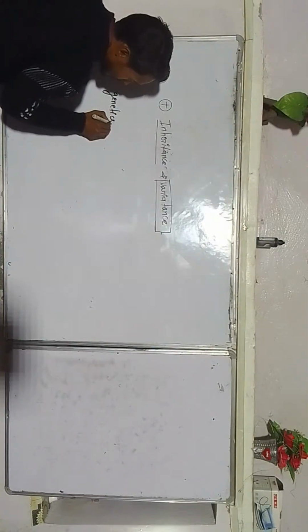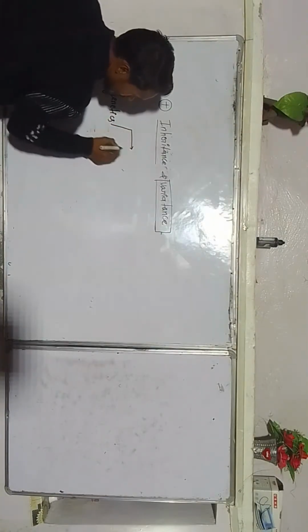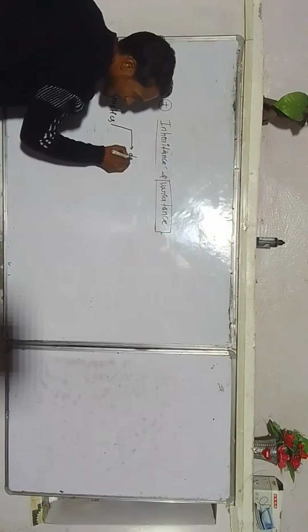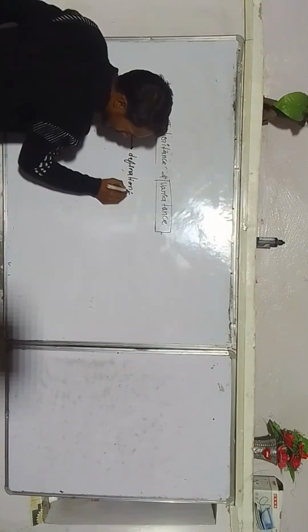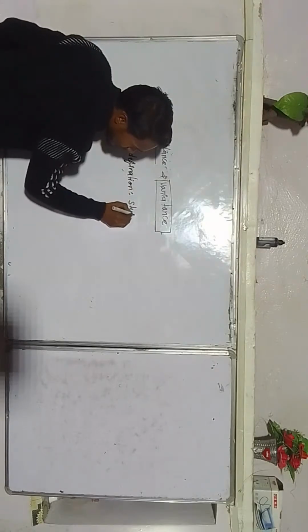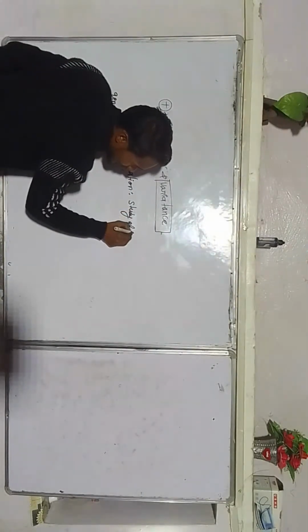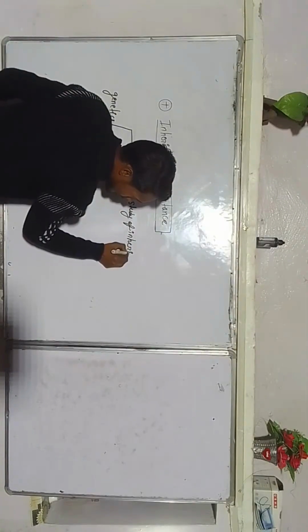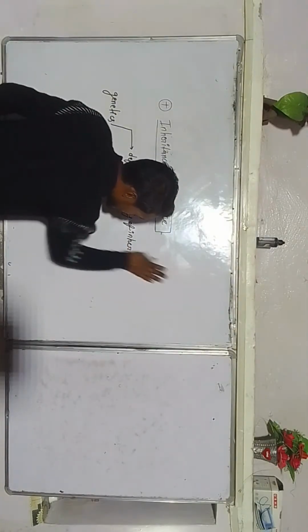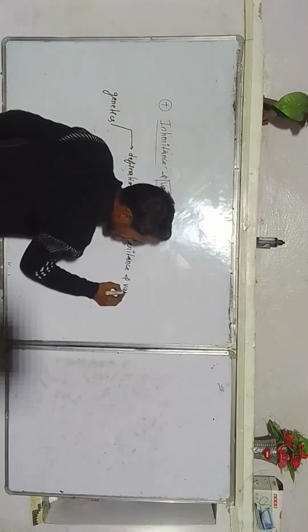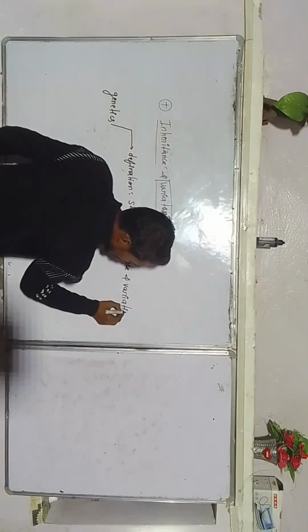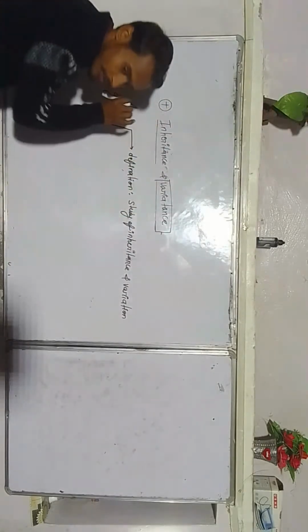Definition: the study of inheritance and variation is called genetics.